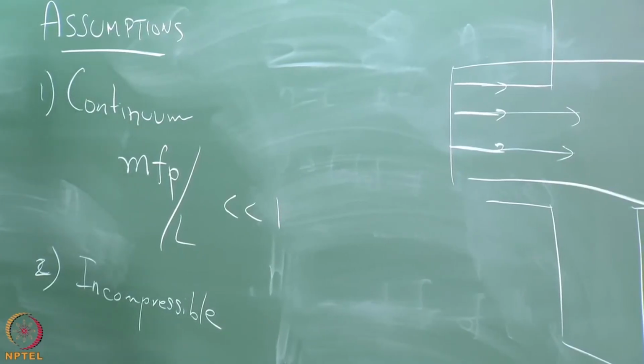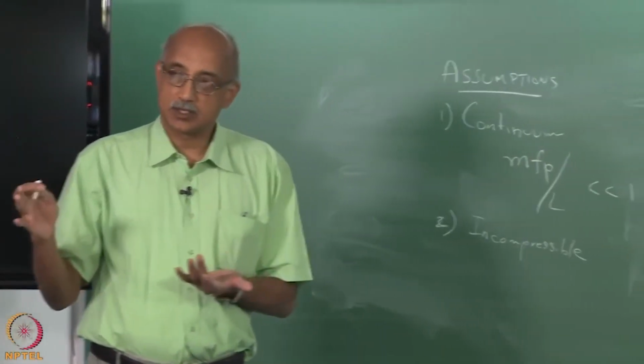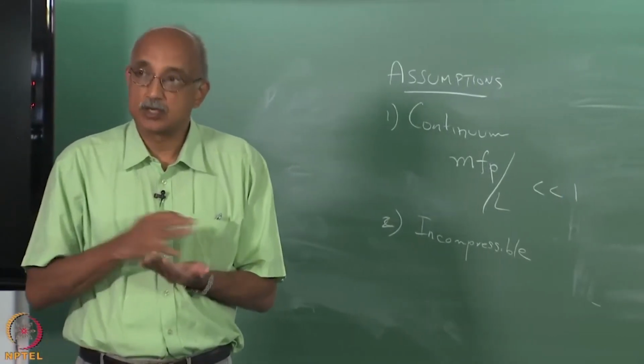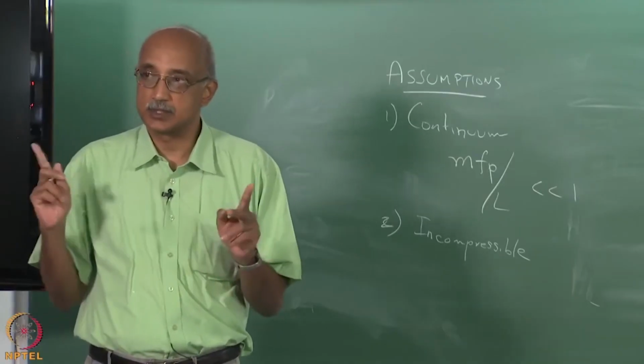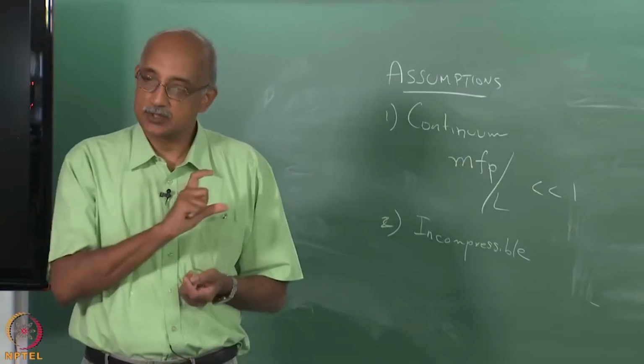Density doesn't change with pressure. I mean, in the system essentially density stays constant, not with time, but actually along streamlines, right? It can actually change with time, by the way. In an incompressible system, density is allowed to change with time. It's not allowed to change with the streamlines of flow.